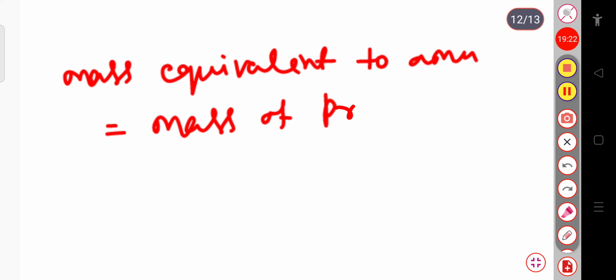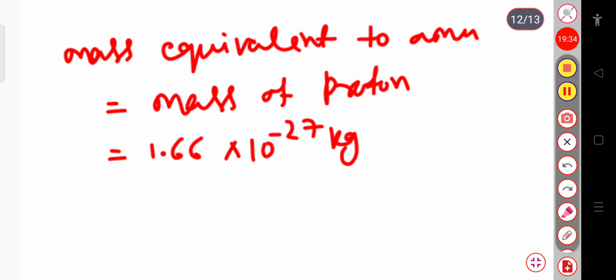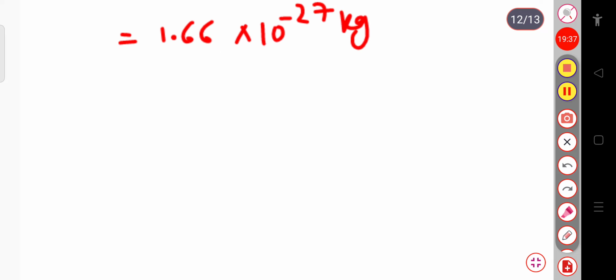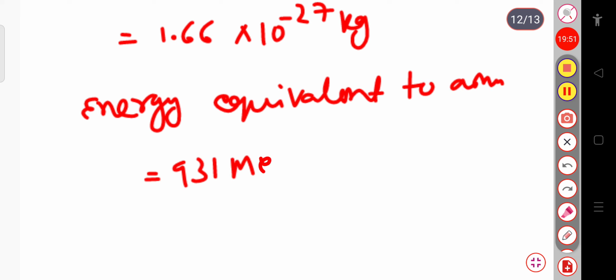But if the question is the mass equivalent to 1 AMU in kilograms, this is simply equal to 1.66 into 10 power minus 27 kg. And if the question is the energy equivalent to 1 AMU, then simply you write that it is equal to 931 MeV.